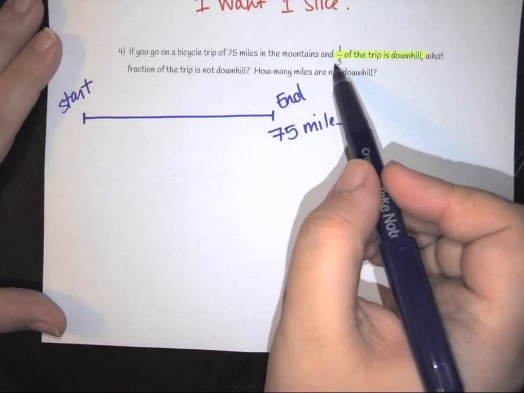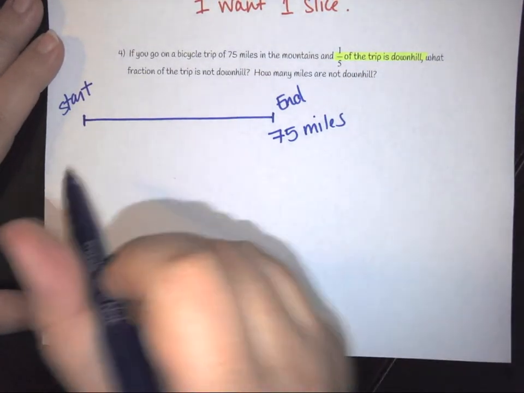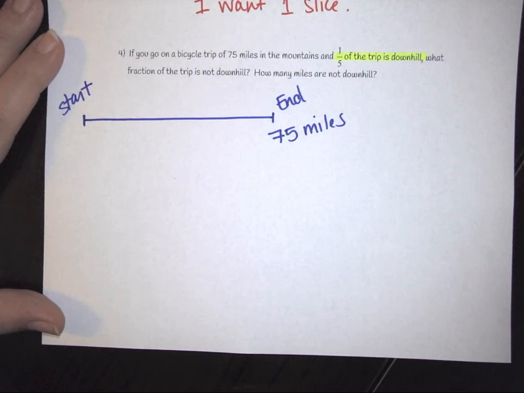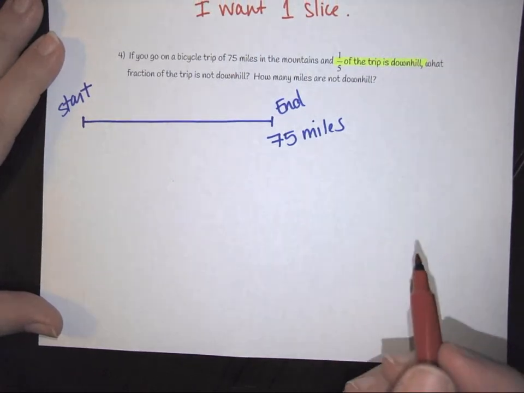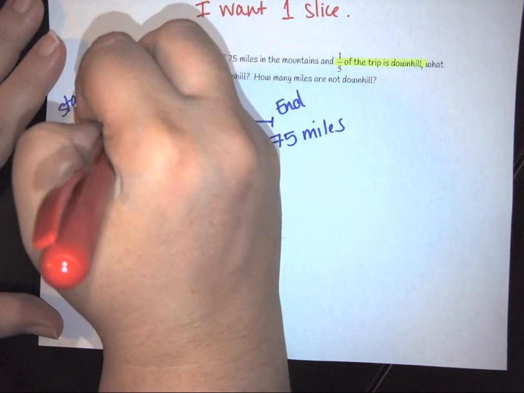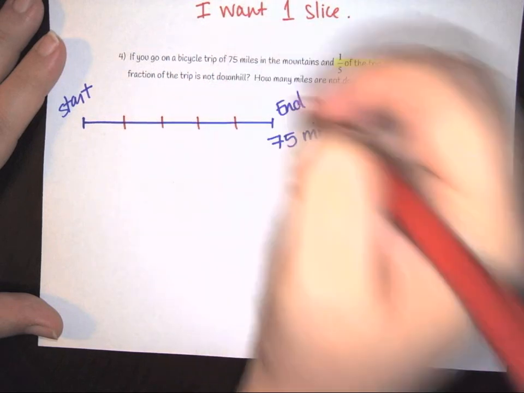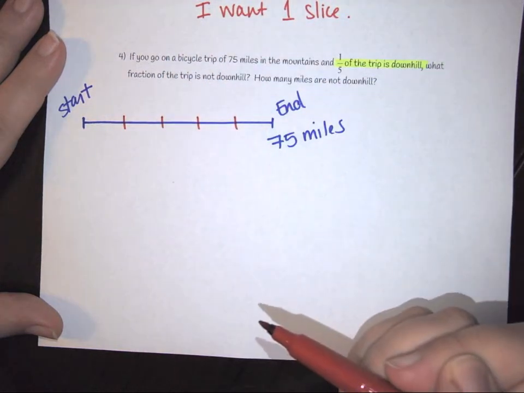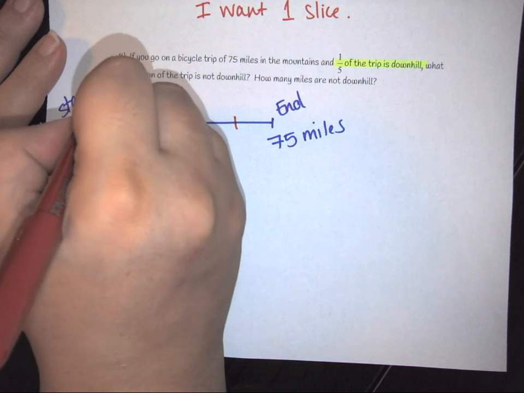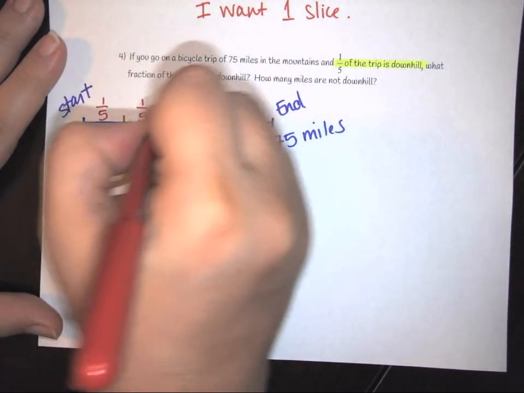Now, we have that 1/5 of the trip is downhill. So what that means is I have to take this bike ride that I did and cut it into 5 pieces. So I have 1, 2, 3, 4, and 5. Each of these is 1/5.